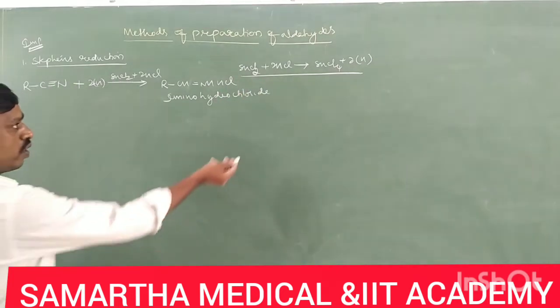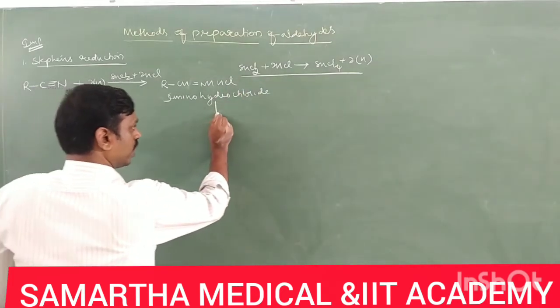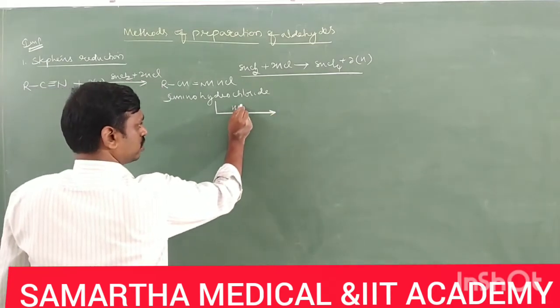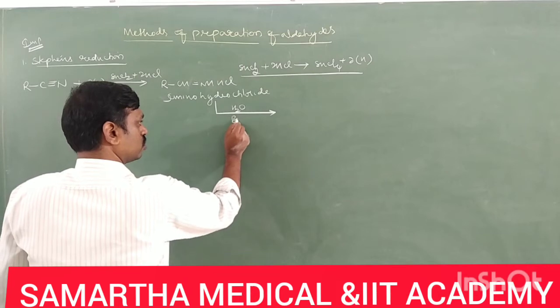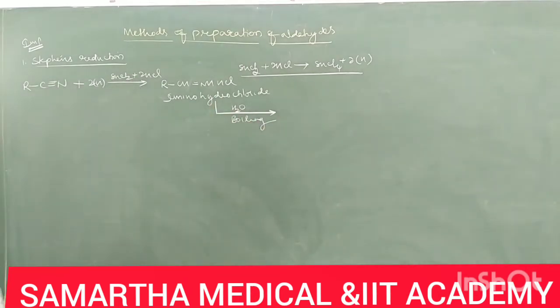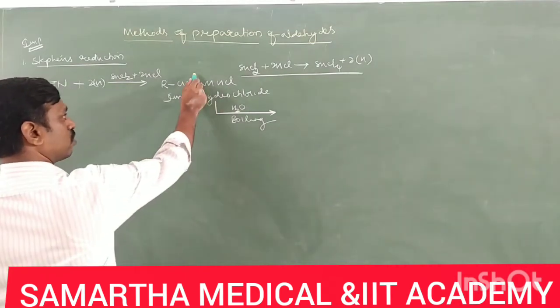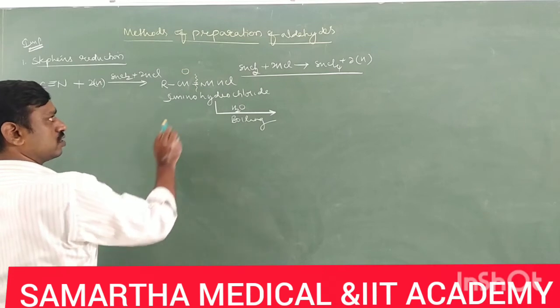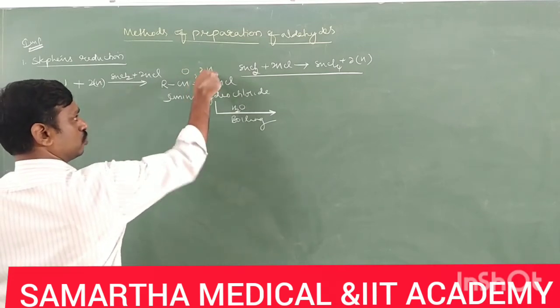Right. So this imino hydrochloride further undergoes hydrolysis in boiling water. It is just treated with water. Usually we use boiling water. So in the presence of boiling water, this bond undergoes hydrolysis. Here water has oxygen and 2 hydrogen.